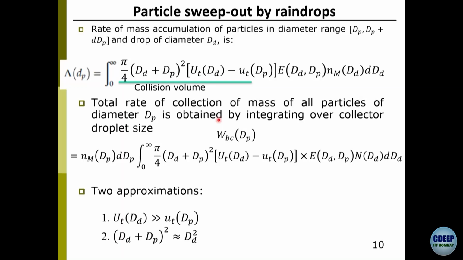and then we go ahead and make two simplifying assumptions to make our lives easy. And we say that I can neglect the terminal settling velocity. I mean, really, you're talking about millimeter to several millimeter size drops, and we're talking about micron to submicron particles.